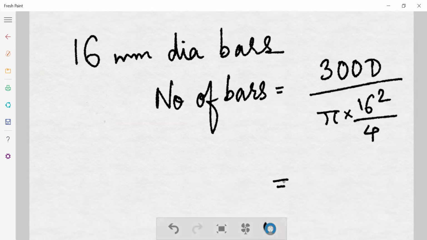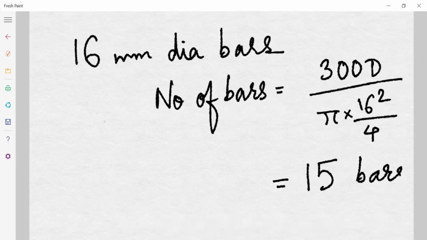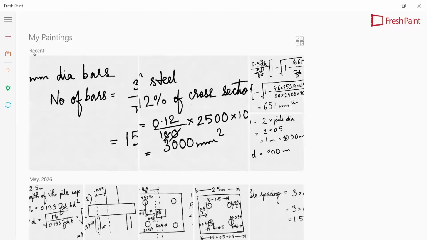Let's find out, 3000 by pi into 16 square by 4. It is about 14 bars, so we take it as 15 bars. So we have already got the number of bars here. Now how will we know the spacing of the bars?